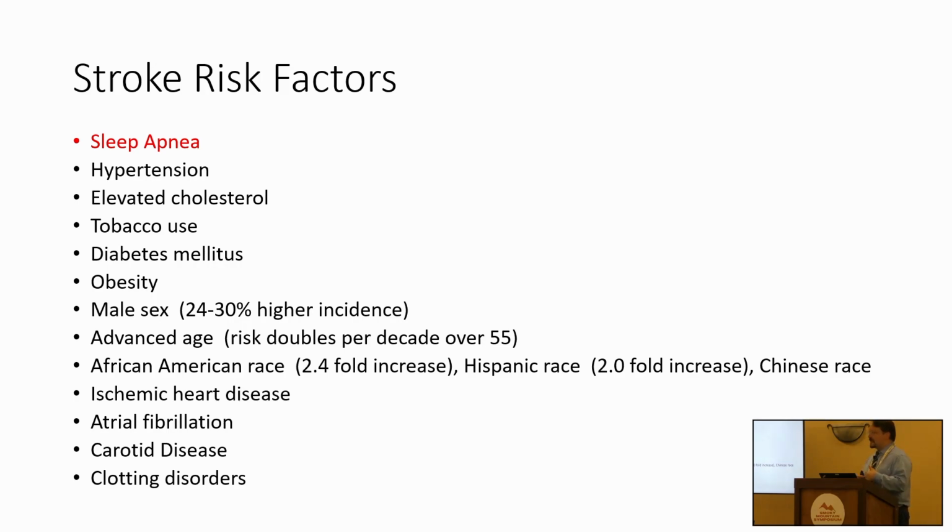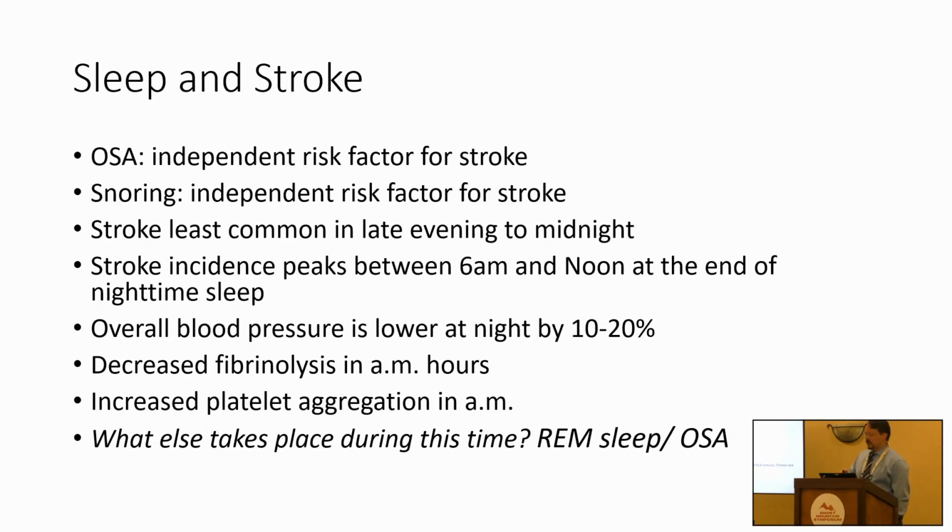Ischemic heart disease, atrial fibrillation, where the chambers of the heart quiver and it's easier for a clot to form in there and then embolize. Carotid disease, where you have prothrombotic effects from a carotid plaque rupturing potentially, and then other clotting disorders.